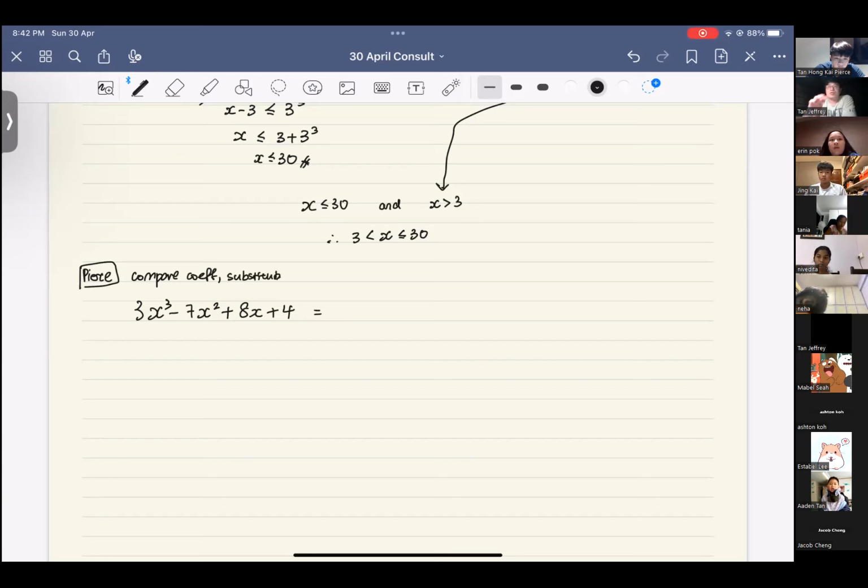So sometimes, Pierce, whether you're doing a partial fraction or you're doing remainder factor theorem, you sometimes find yourself in this situation where you may have something like this, right?